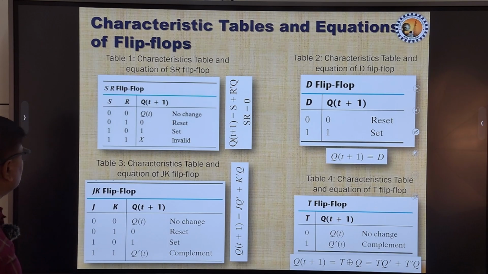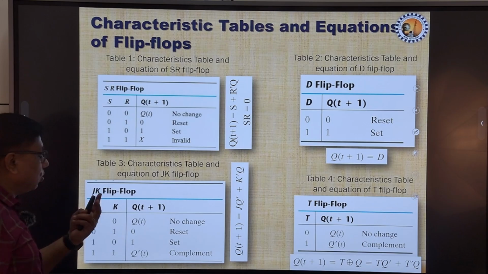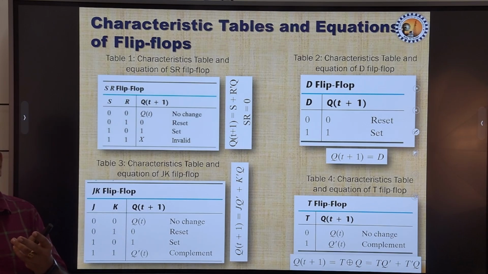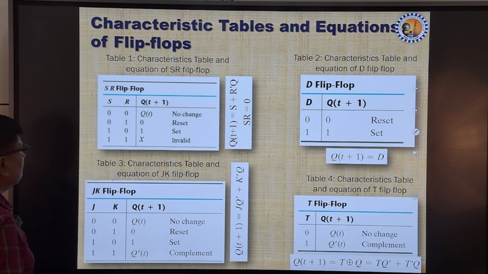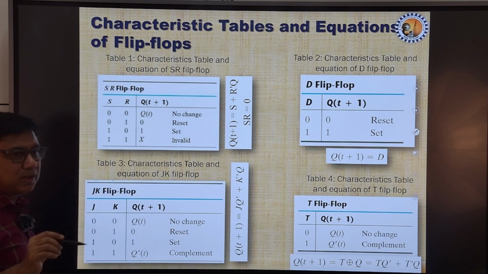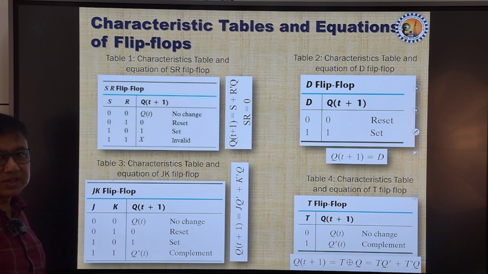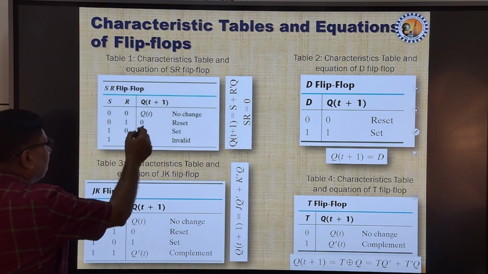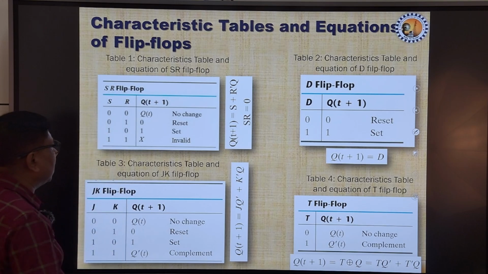SR flip flop, as we know, having 2 inputs, we will get 4 conditions, that is 0 0, 0 1, 1 0 and 1 1. Q(t+1) refers to the next state, and Q(t) is our present state. When the flip flop is in a present state, maybe 0 or maybe 1, that is referred to as Q(t) over here.